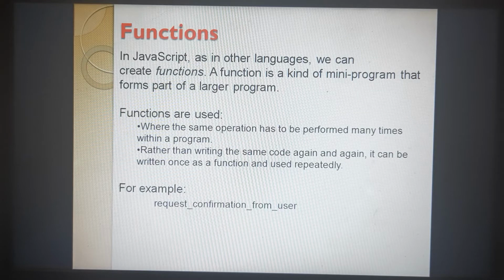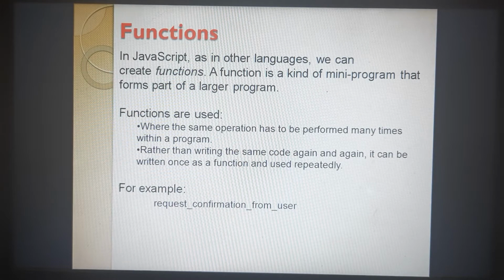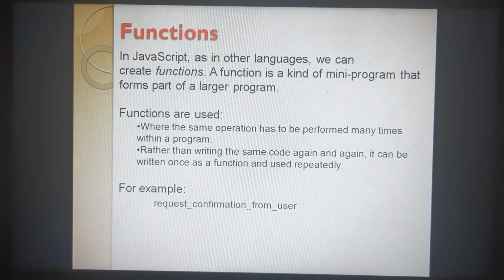When a particular task has to be performed again and again, many times in a program, that task should be written in a function so that it can be retrieved all the time. That way we save time and reuse the code. So we can achieve reusability with the function.